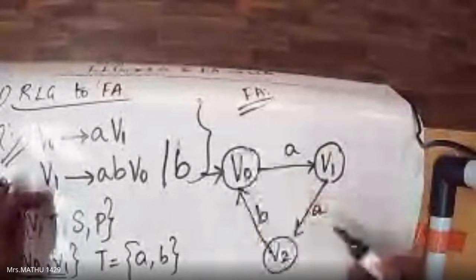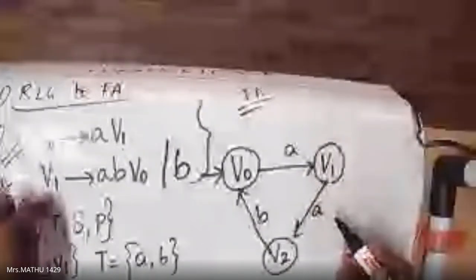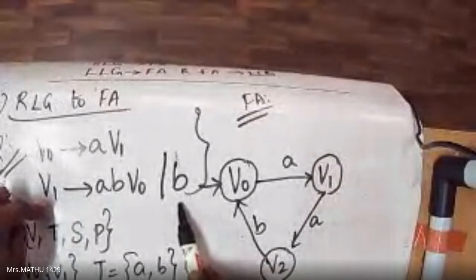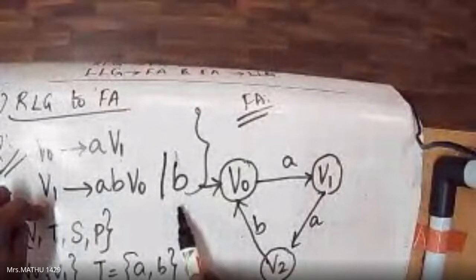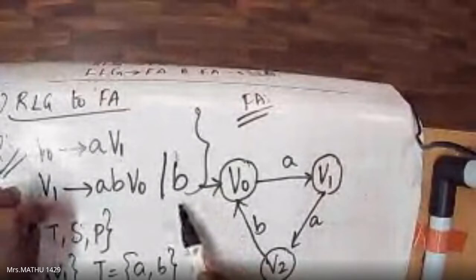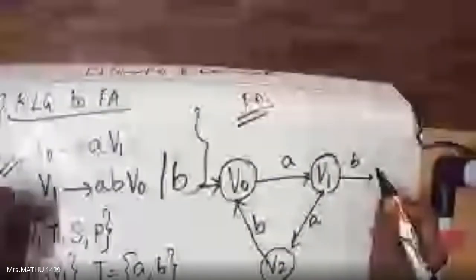And then we have another production, V1 gives B. That means whenever there is only a set of terminals, it has to connect with the final state, because that is what is useful for stopping your derivation. So from V1 on B, it goes to the final state.